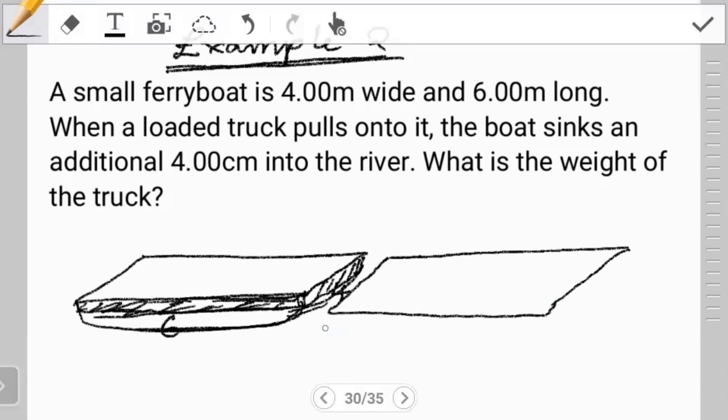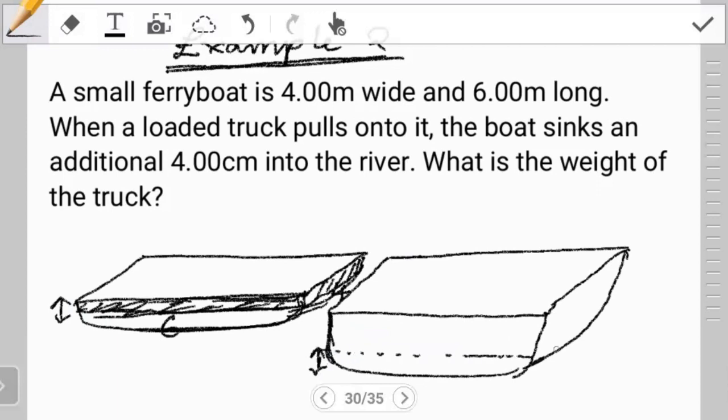When a truck is loaded onto this, a larger portion of the boat actually gets to sink. So if initially the section of the boat that was inside the fluid was only this part, now that part is going to be all the way down there. So let's say this was initially what was inside the liquid.